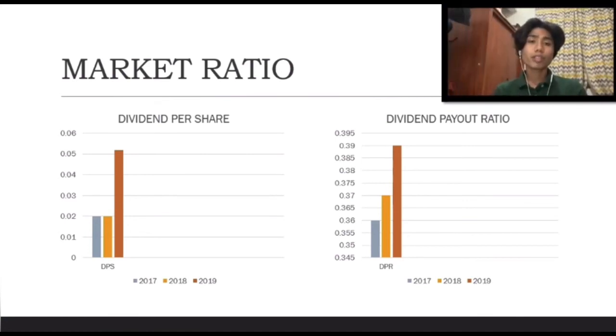Dividend payout ratio is increasing every year. This indicates the portion of the earnings after tax that is paid out as dividends is increasing every year. This also shows that the company has enough sustainability to pay its dividends to its shareholders.